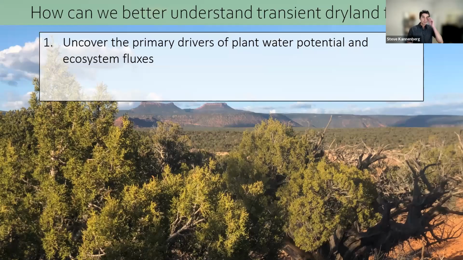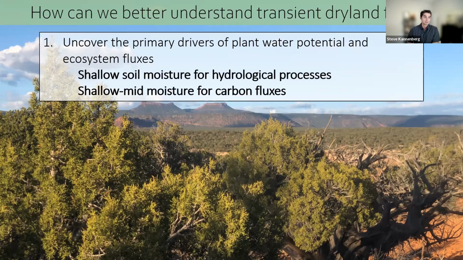So I think now we have a pretty concise answer to this first question here. And it's really these shallow to mid layers of soil moisture that are controlling ecosystem functioning. And the answer differs slightly if you're talking about fluxes of carbon versus fluxes of water and stand water potential, but I think the message is largely consistent here.